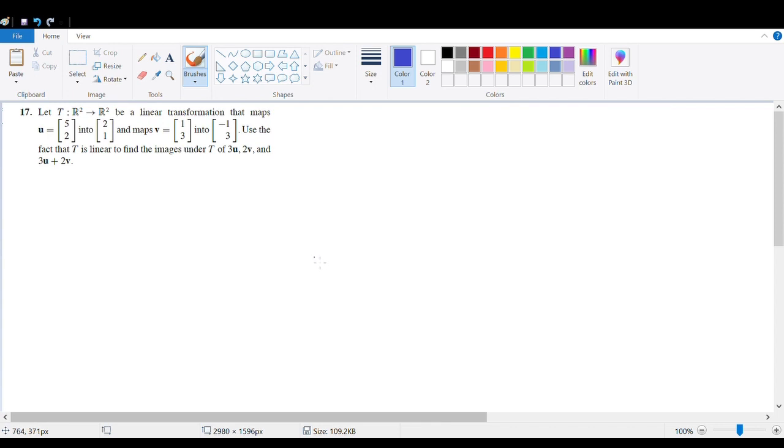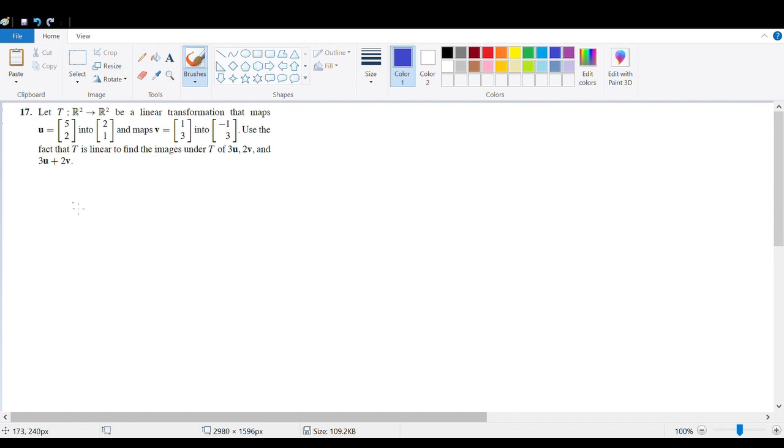Let T from R2 to R2 be a linear transformation that maps u = (5, 2) into (2, 1) and maps v = (1, 3) into (-1, 3). Use the fact that T is a linear transformation to find the images under T of 3u, 2v and 3u plus 2v.